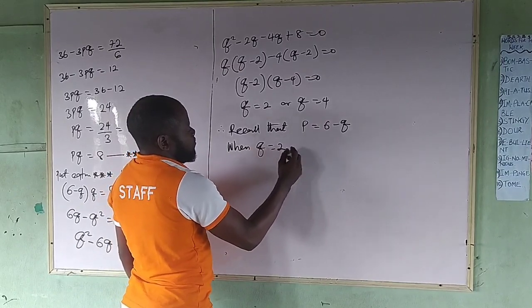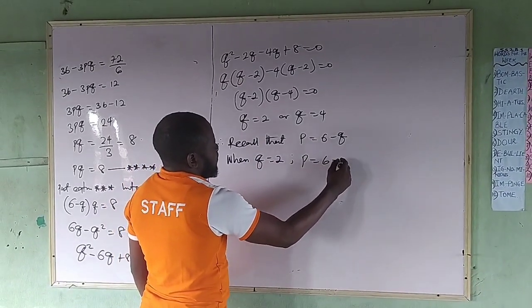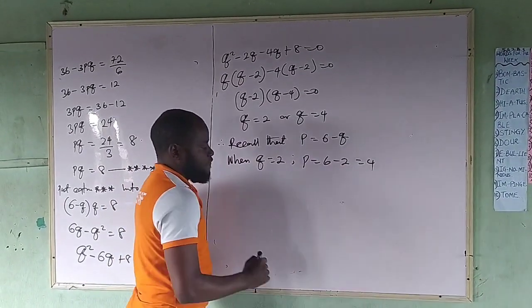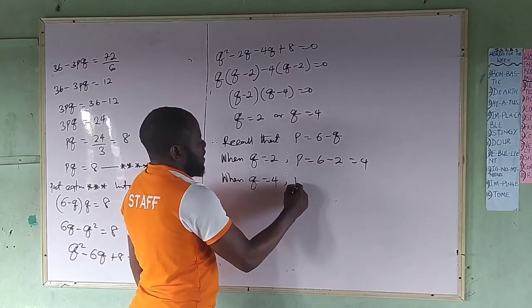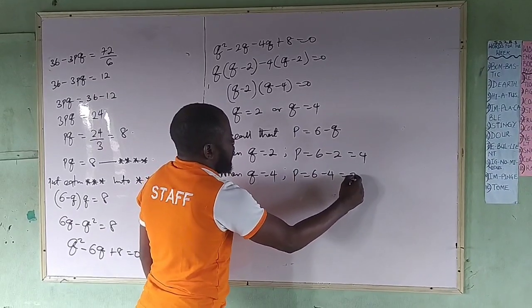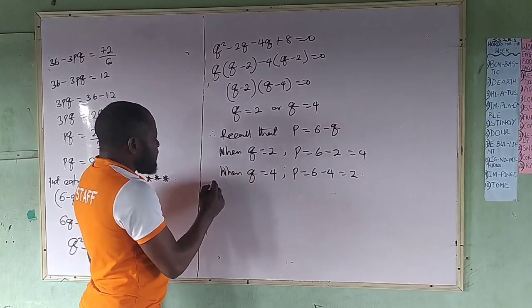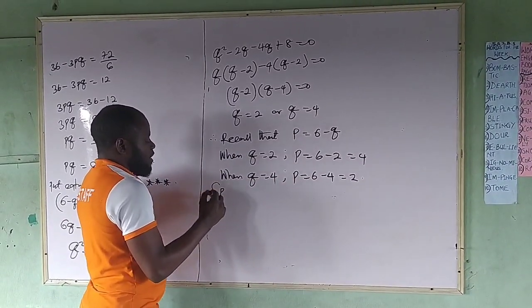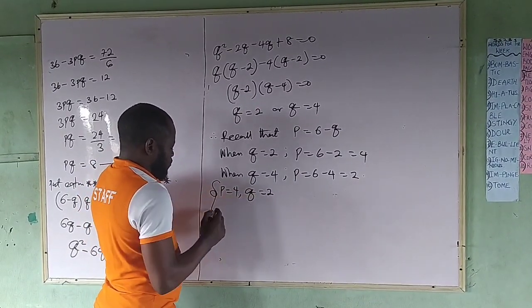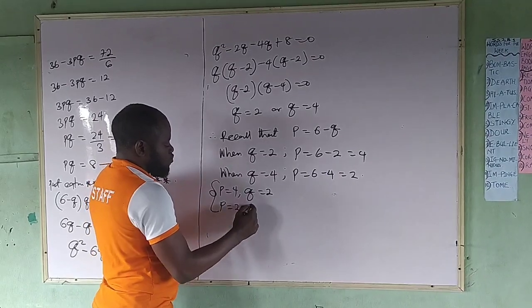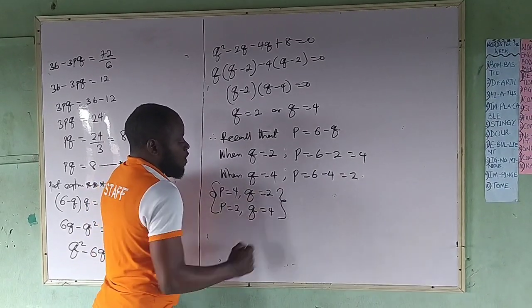When q equals 2, then p equals 6 minus 2, and that's 4. And when q equals 4, then p equals 6 minus 4 equals 2. So we have a set of values for p and q. p equals 4 when q equals 2, and p equals 2 when q equals 4.